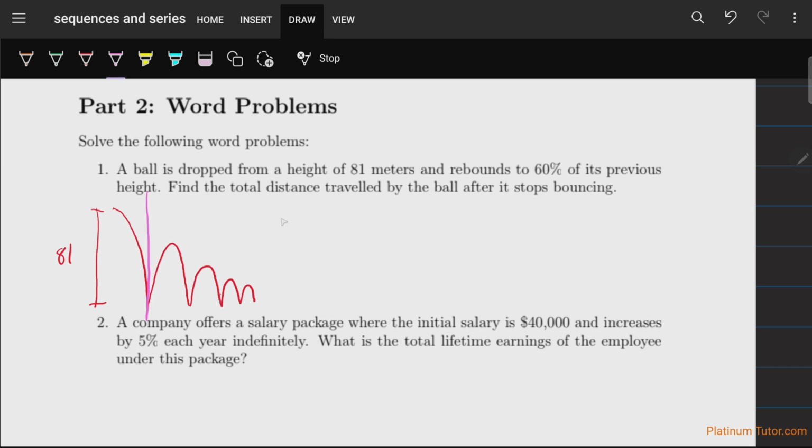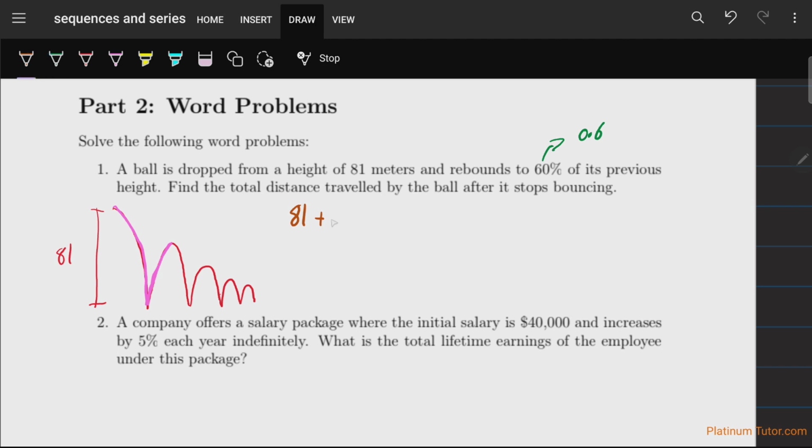So let's write some stuff down. So it looks like we're gonna have a distance traveled of 81 meters plus this distance. Let me use that pink. So that's the 81. This distance is going to be 60% of 81. Okay, 60% in decimal is 0.6.